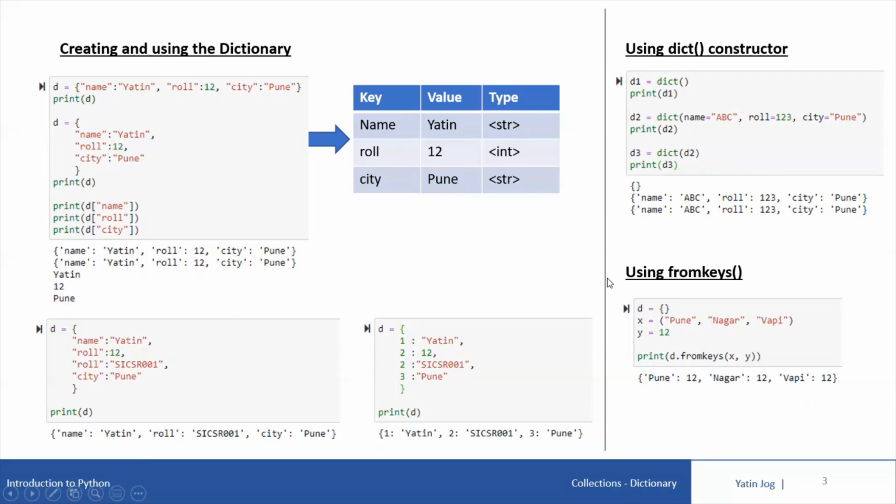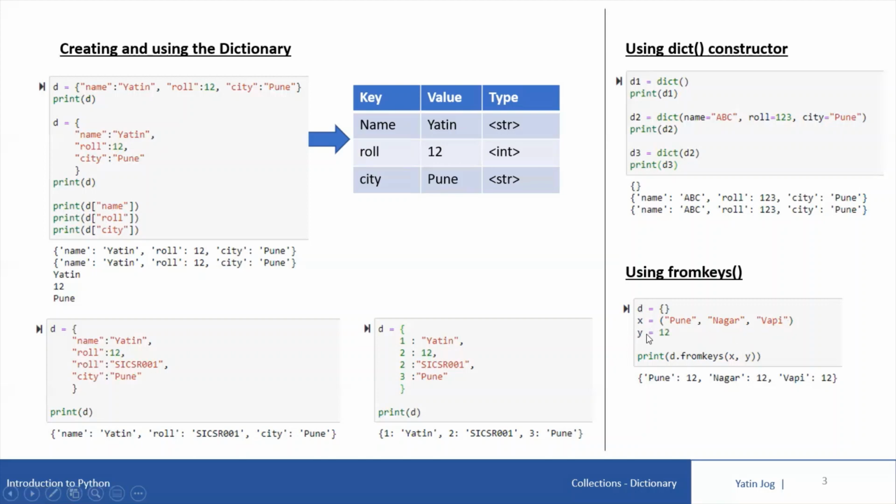Now there is another way to create a dictionary using the fromkeys method. It's a dictionary method, and when I say dictionary method, it has to be used with a dictionary object. So first of all, consider I am creating an empty dictionary object, D equal to empty curly brackets. And then I have a tuple variable in parentheses with 3 elements, x equal to Pune, Nagar, and Vapi.